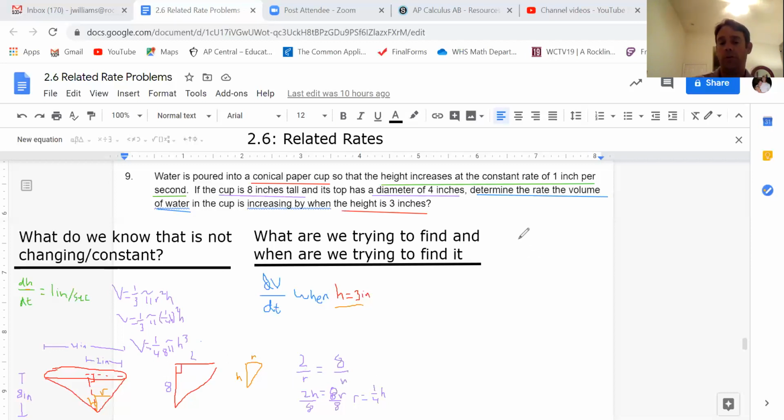So let's bring it over here. Pi H cubed.